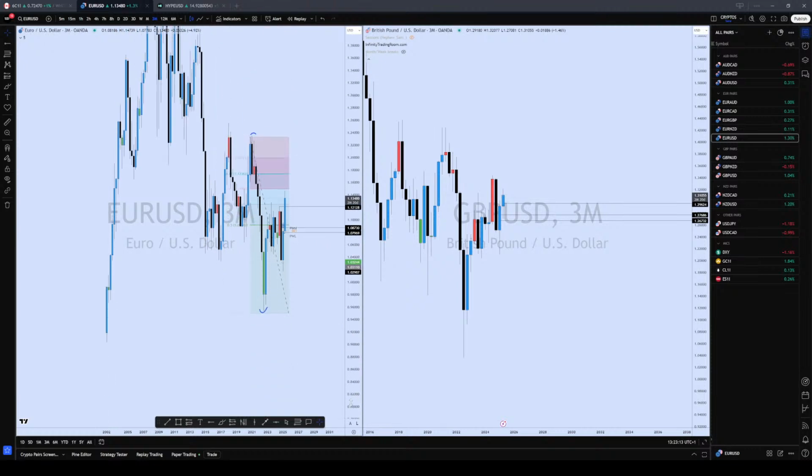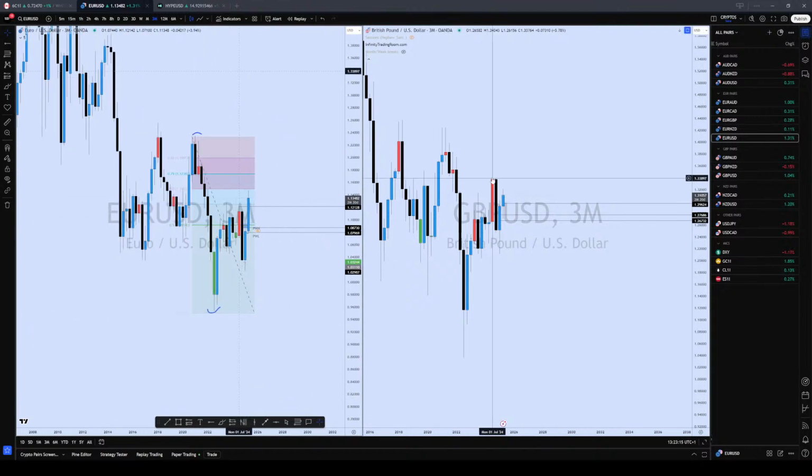Okay, watch this candle. Notice where it is on euro. This high is the same as that high. The high is the same as that. This low is the same as that, right?